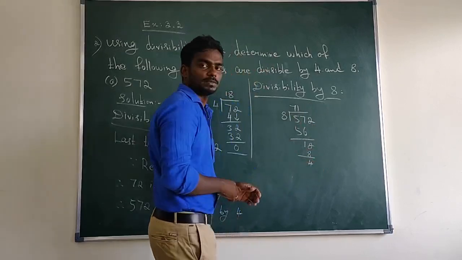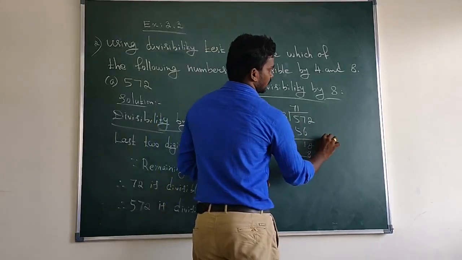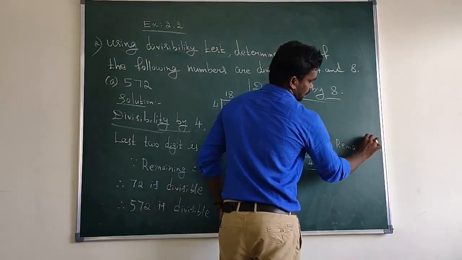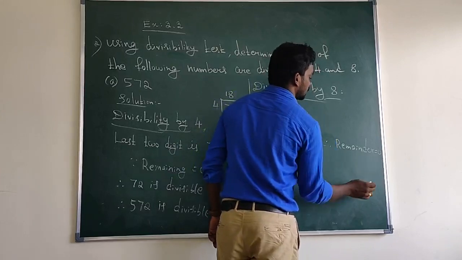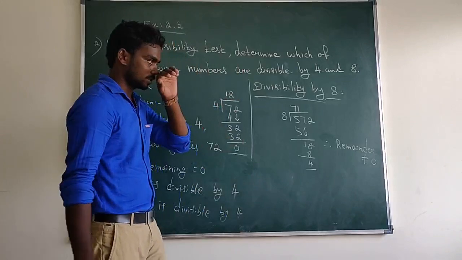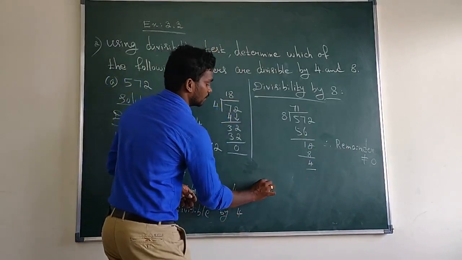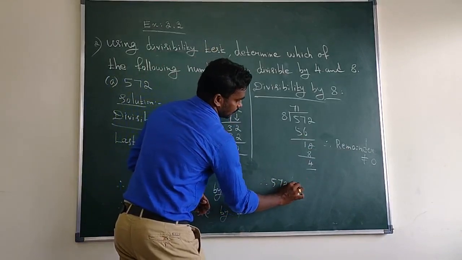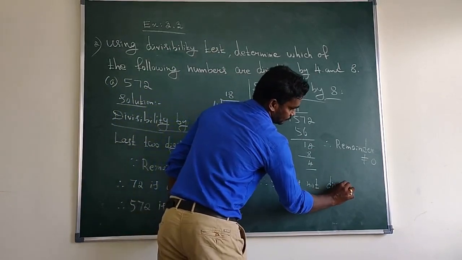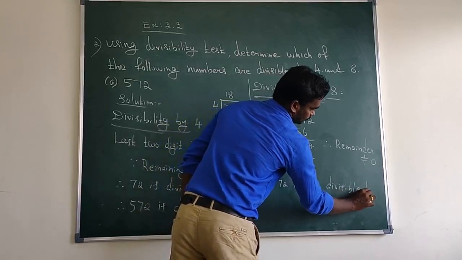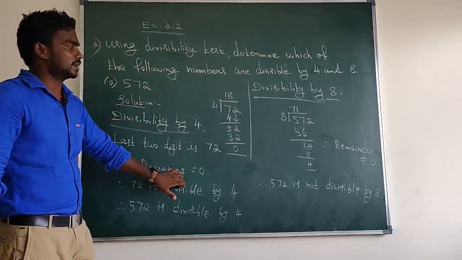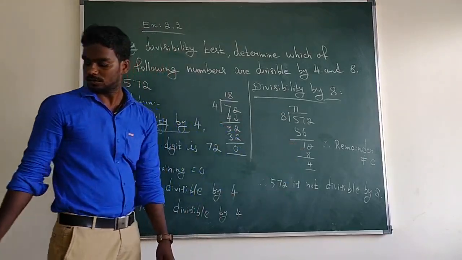Since the remainder is not 0, 572 is not divisible by 8. So 572 is divisible by 4, but not divisible by 8.